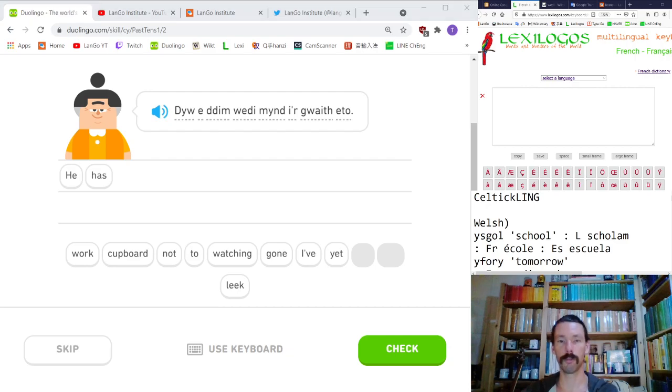Llyfr is llyfr. Well, those are probably inherited from libris, this Latin noun, right? They are eminently comparable, but on a different footing from a pair like the native cognates.